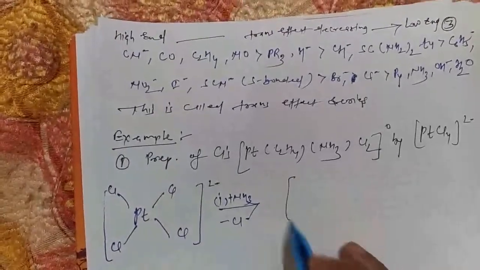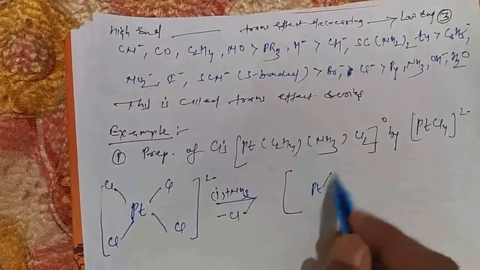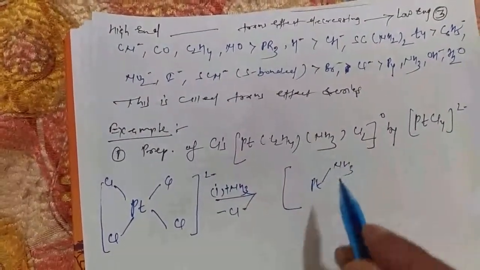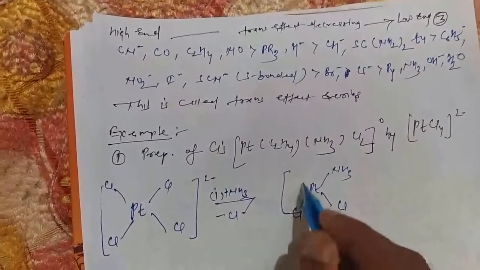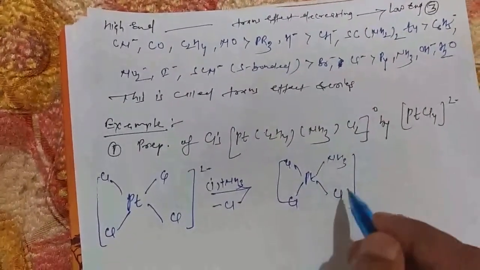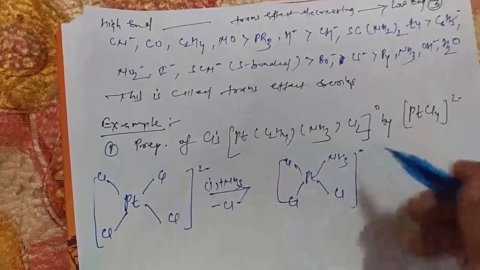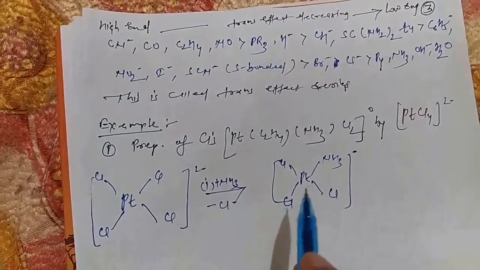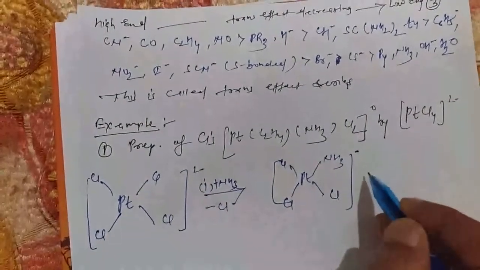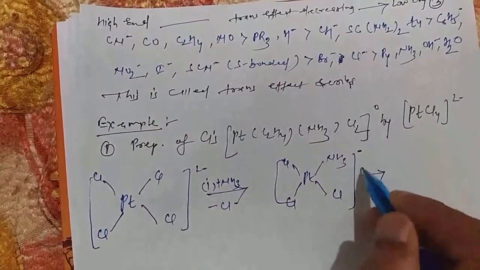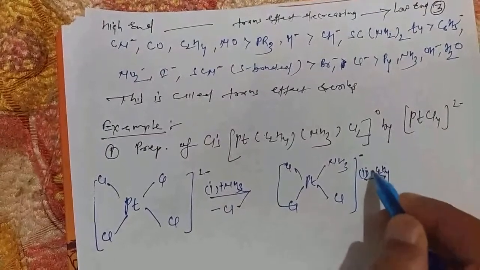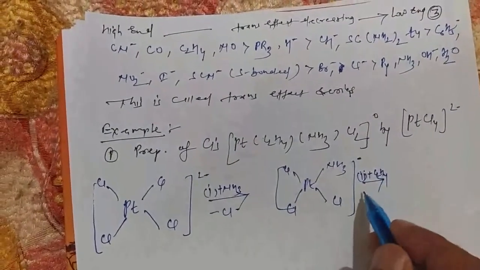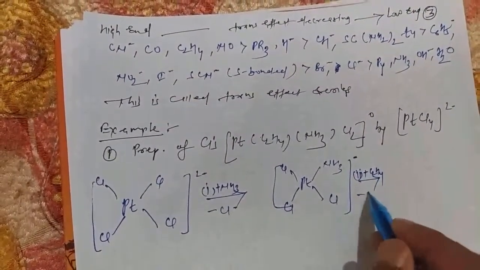So we'll remove any one, say this one, and add NH3, giving a complex with charge minus one. Then in the second case, we have to add C2H4 by removal of another chlorine.